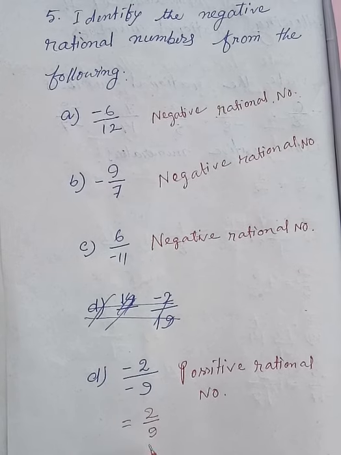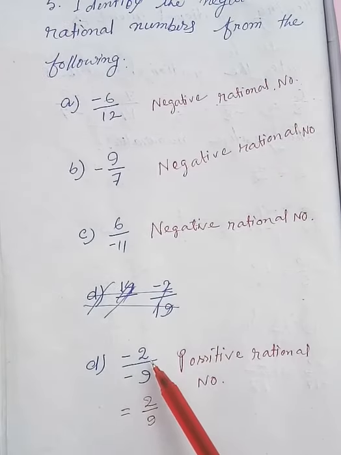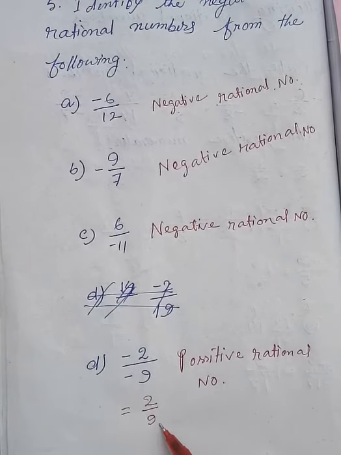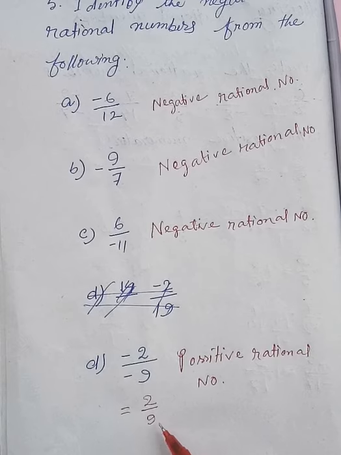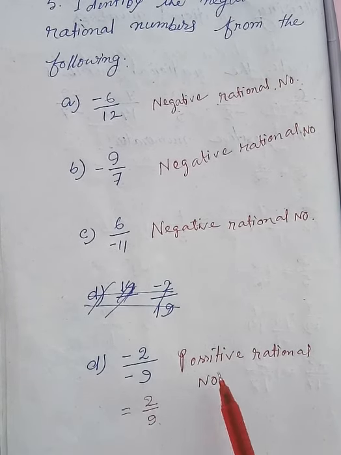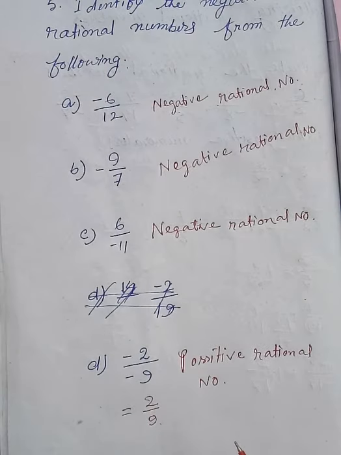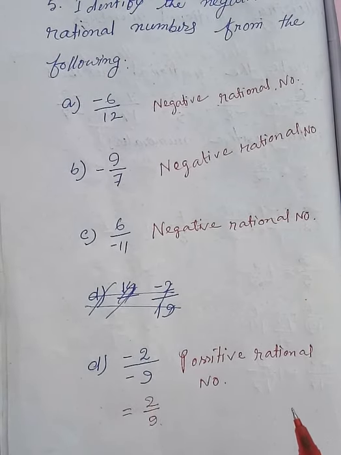So it will be considered a positive rational number. You can check how it becomes positive. In the previous question, number 4, I have shown how it can be changed to positive. So it should be considered a positive rational number.